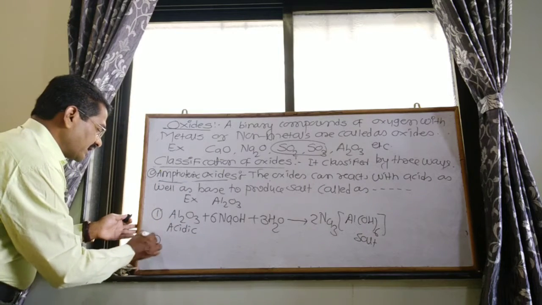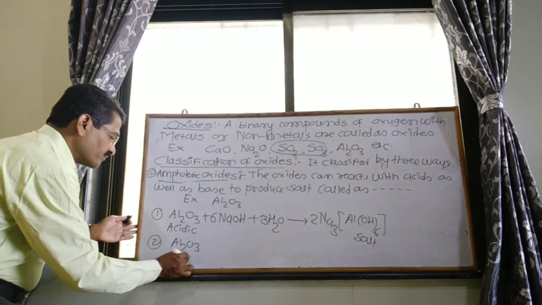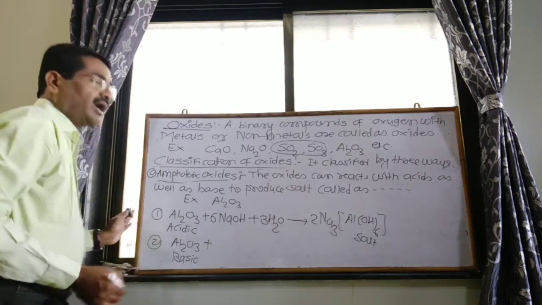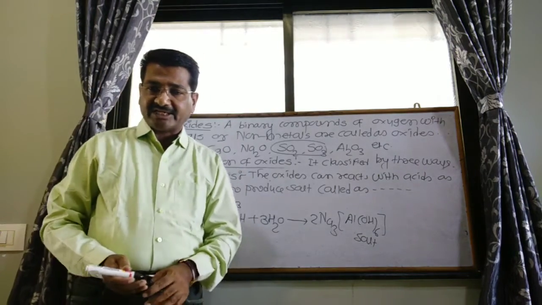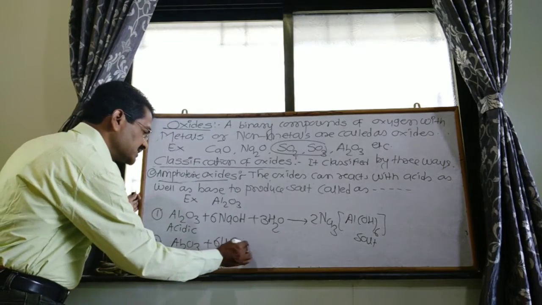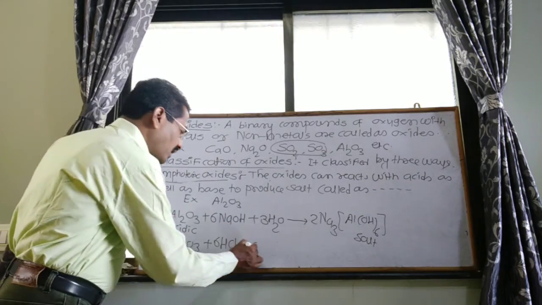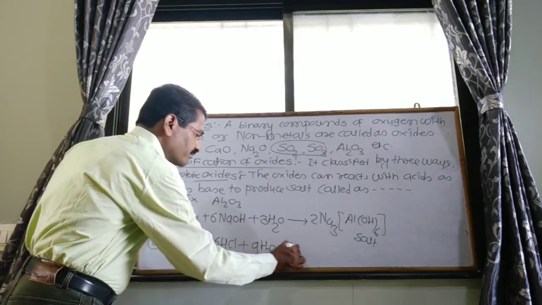Then this alumina is also basic in nature. How to indicate the basic nature of alumina? It can react with 6HCl, that is acid, in aqueous medium.